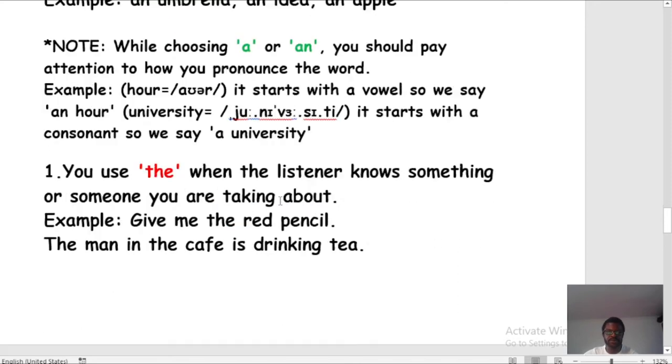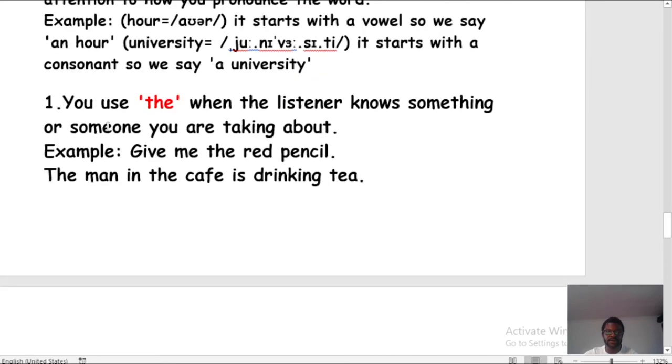Okay? So the next one is going to be the, which is, we use the when the listener knows something or someone you are talking about, prior to the person that is speaking, or the listener already knew about what is being talked about. Okay, so that is when we use the. For example, give me the red pencil.